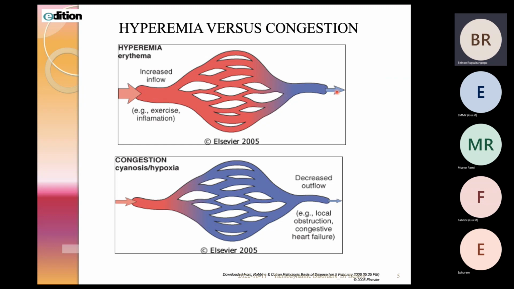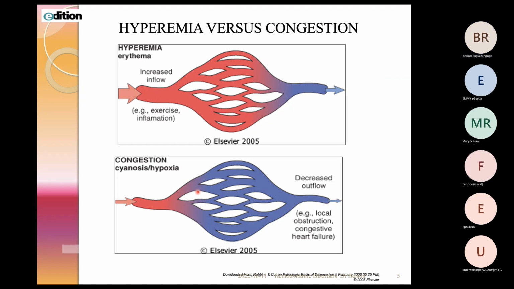But the outflow at the venular end didn't increase. So that means that the blood will continue to be in high quantities or volume at the arterial end, while the blood which leaves at the venular end will be just in normal quantities. So for the congestion, it is the opposite.